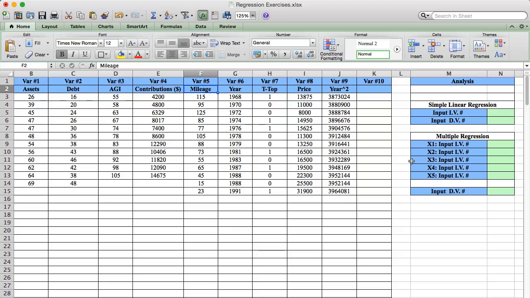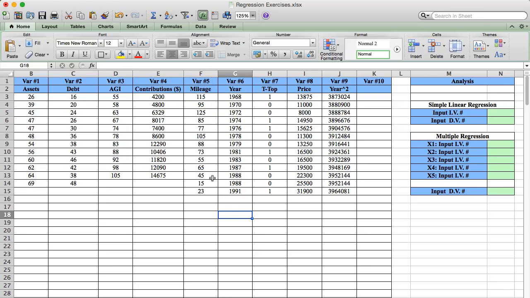And that's the case here in this application of multiple regression, and our data are here in variables 5, 6, 7, 8, and 9. This is a car dealership problem, and the owner of this car dealership sells only vintage Corvettes. And he would like to develop a forecasting model using regression to determine the price range for a particular Corvette that he is selling.